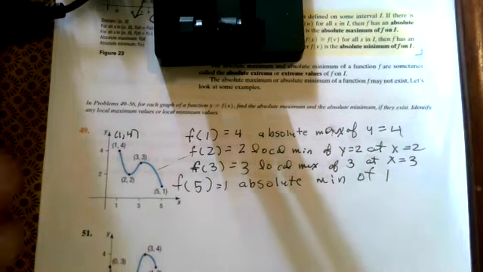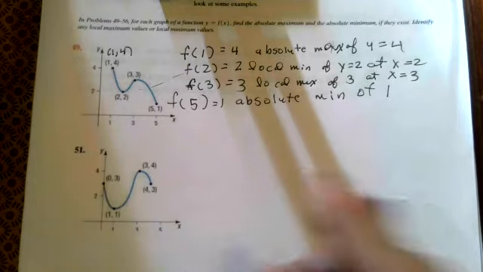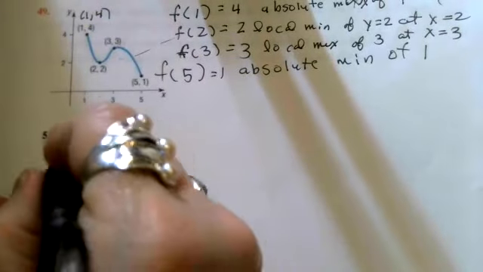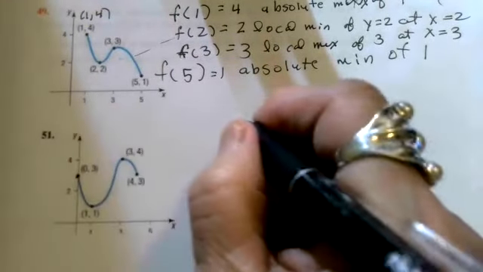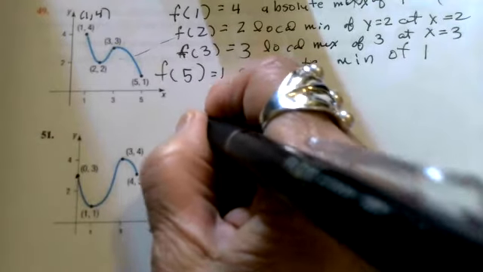Okay, let's look at the next example. And let's start with over here at 0. Right here, this point, 0, 3.